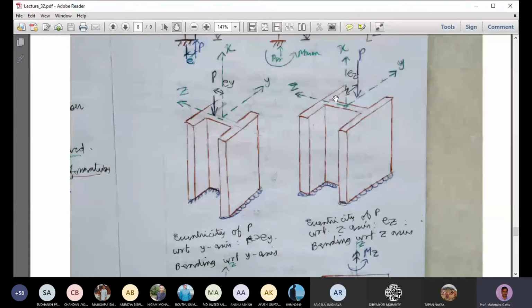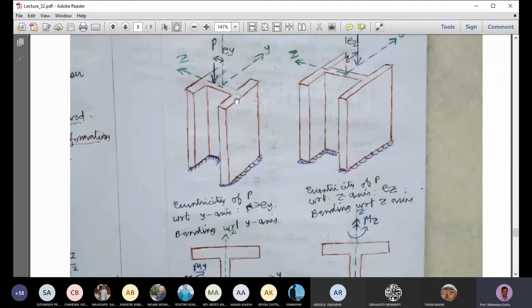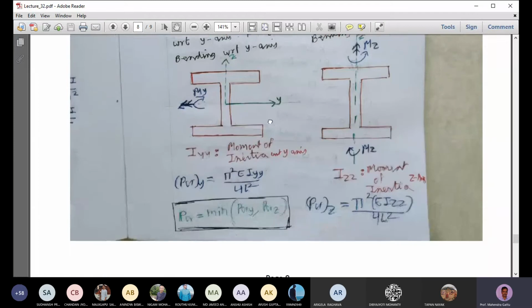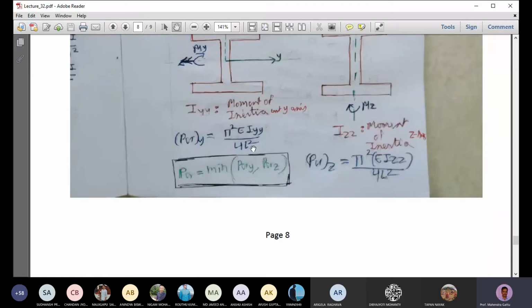An I beam can fail by lateral bending rather than the other way. So this is regarding the choice of moment of inertia which we have to use to calculate the critical buckling loads. So we'll go to the next topic.